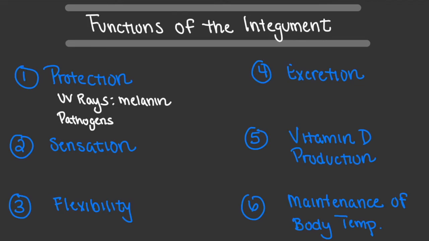Secondly, the integumentary system gives us the sense of sensation. In other words, it's going to do a few things for us. The integumentary system helps us to sense pain, it helps us to sense touch, and it's also helpful in giving us the sense of temperature.